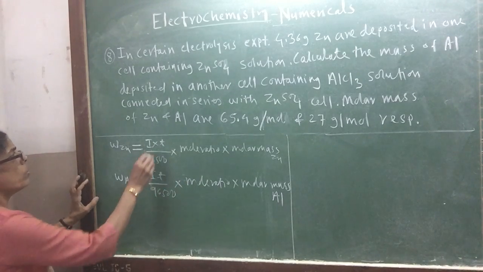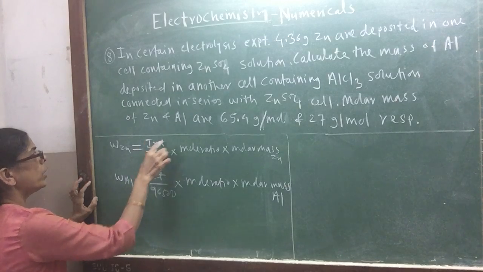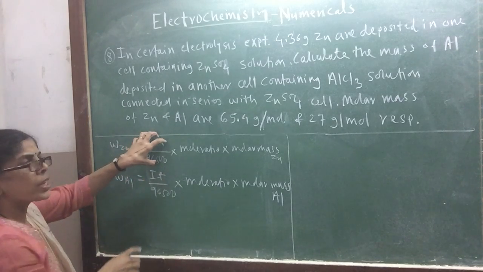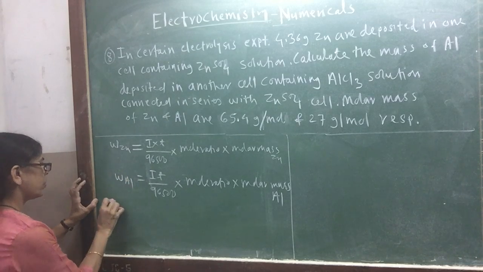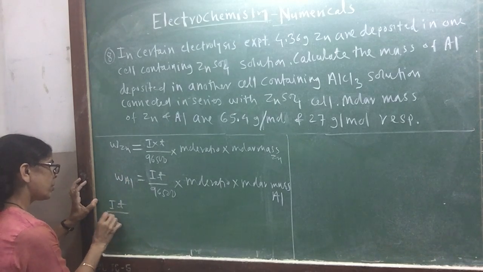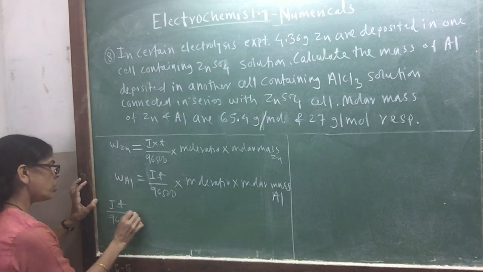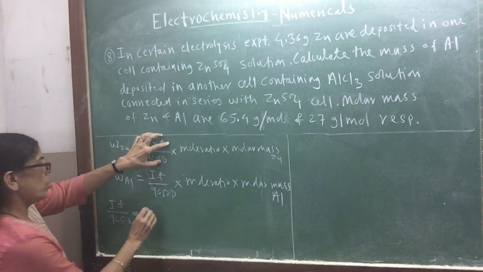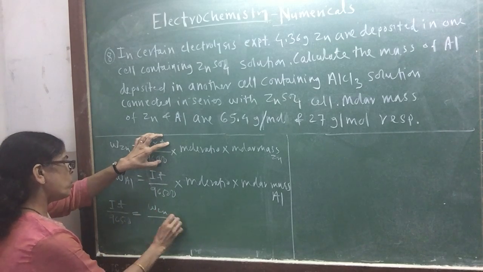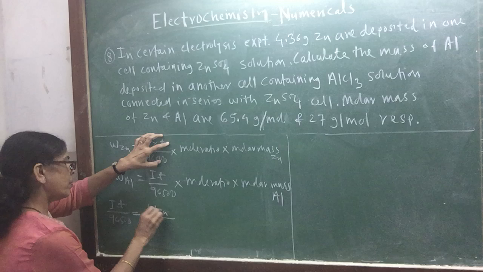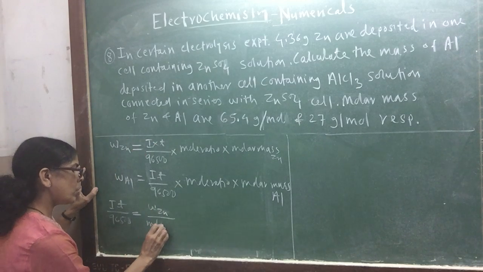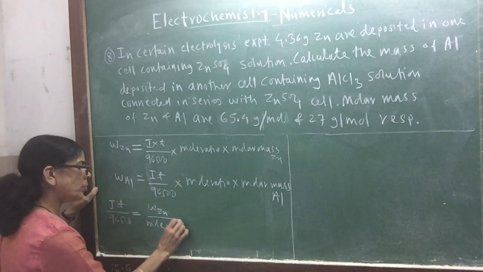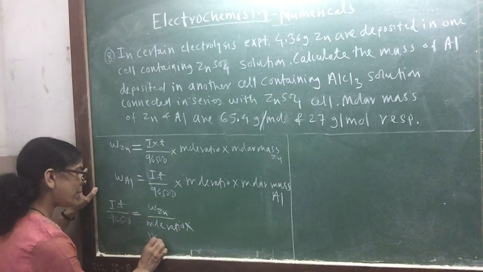Okay, now I into T upon 96500 for the zinc cell is equal to W_Zn upon mole ratio into molar mass of zinc.